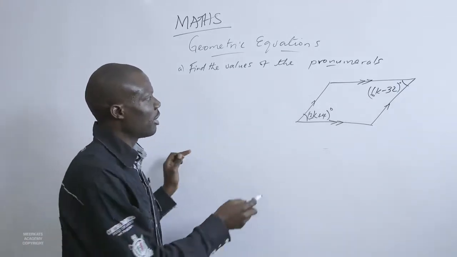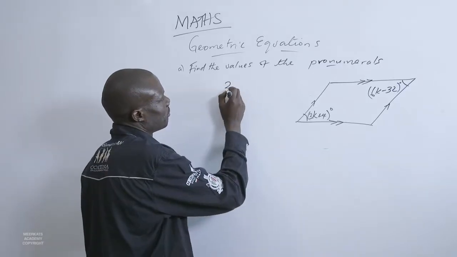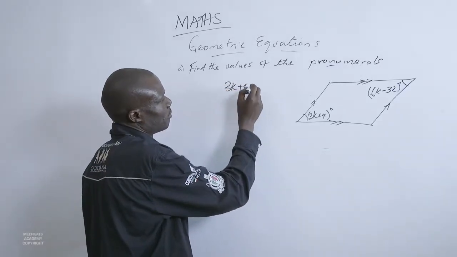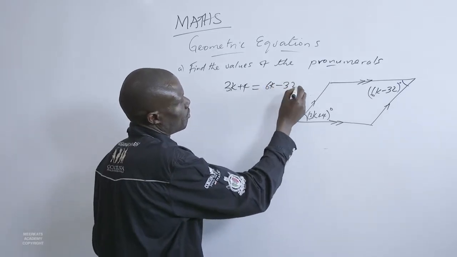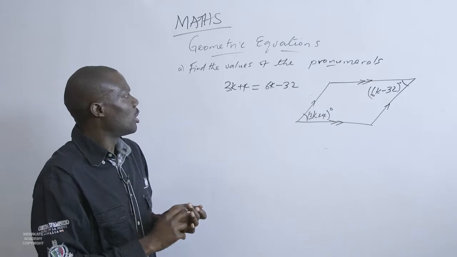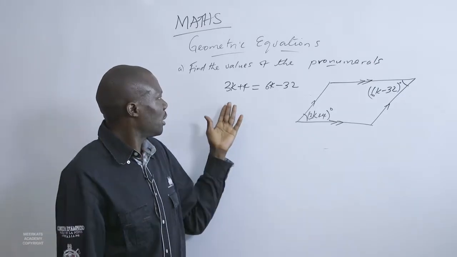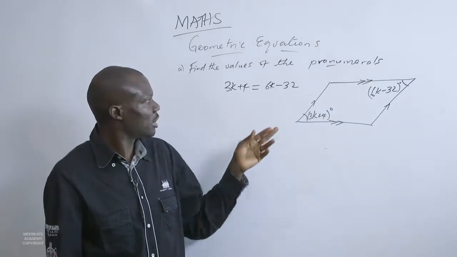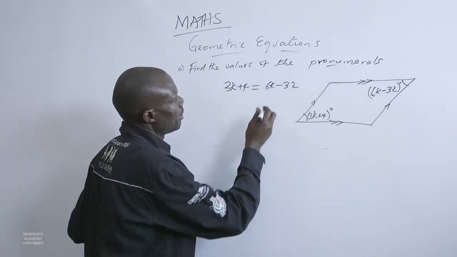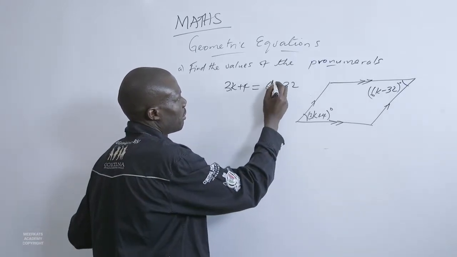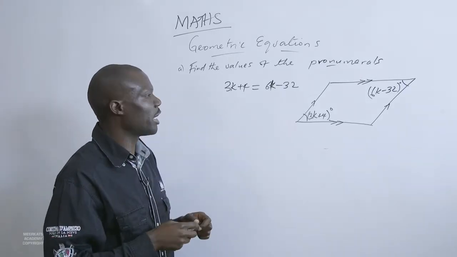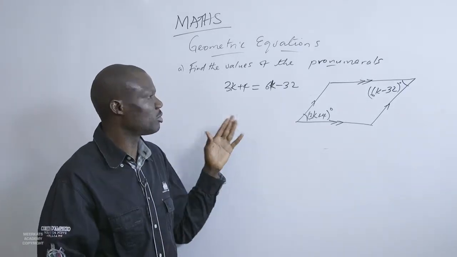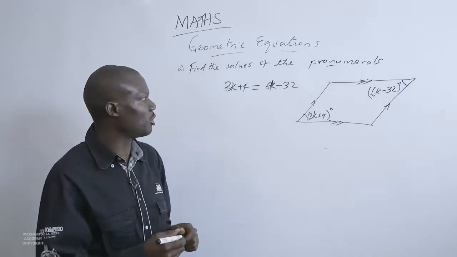On equating the angles, we shall say that 3k plus 4 is equal to 6k minus 32.